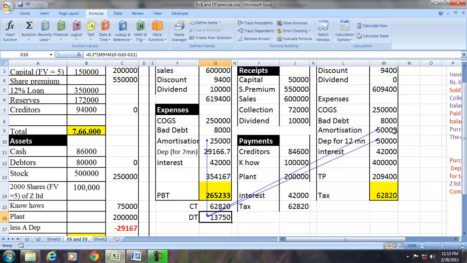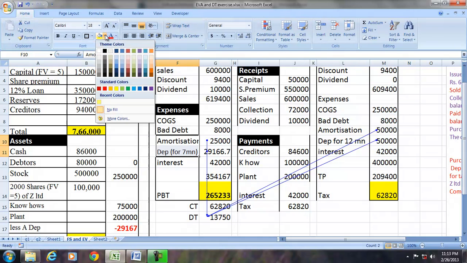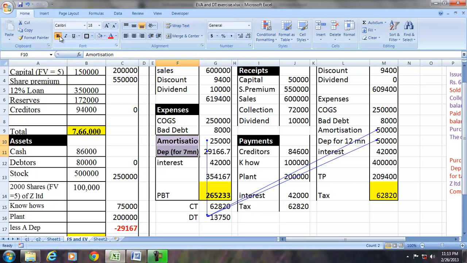Amortization and depreciation are treated as a timing difference because over a period of time the difference between accounting and taxation due to the amortization and depreciation will get adjusted.